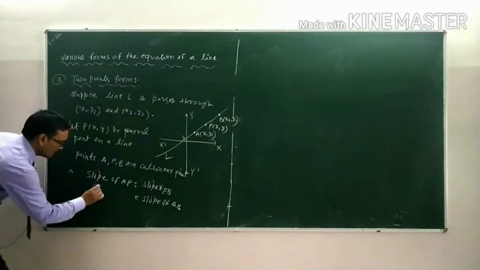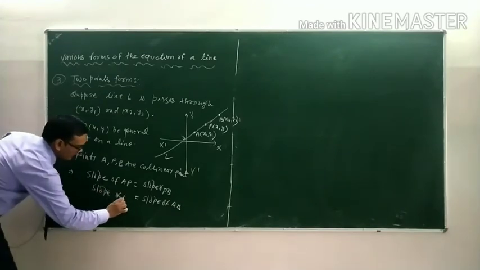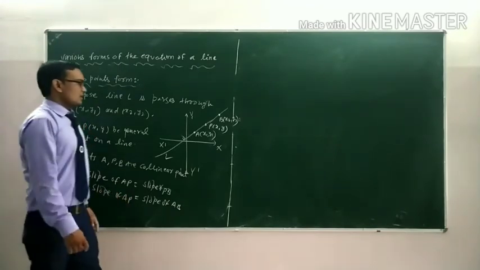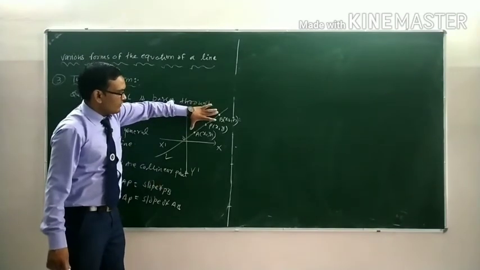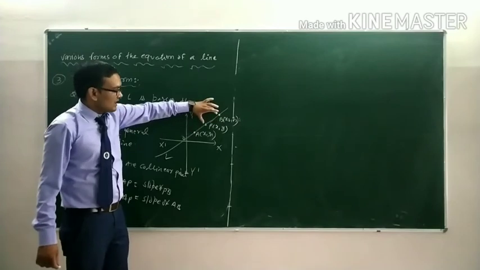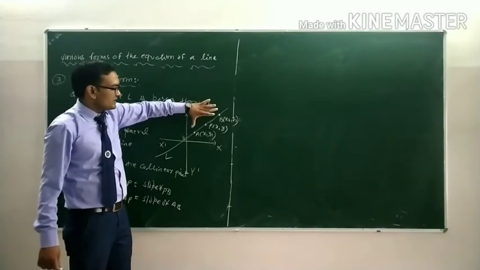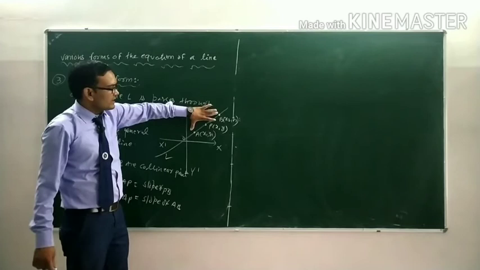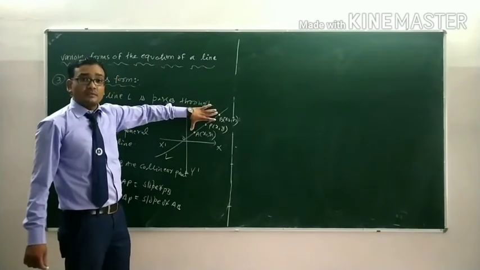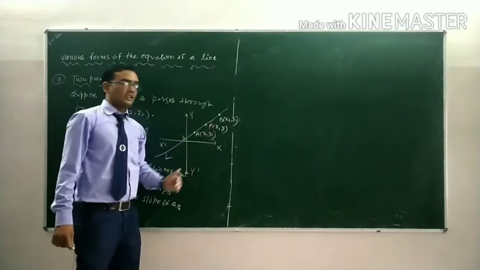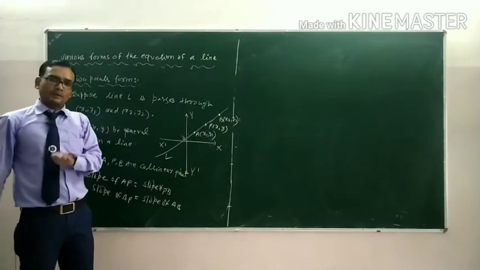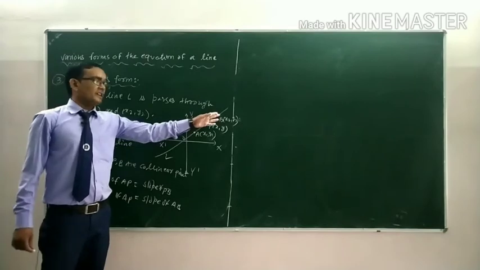Okay students, the slope of AP and the slope of PB are also the same as the slope of AB. That means the line segment PB is part of line segment AB, so the slope of AB is the same as the slope of PB. Then in place of the slope of PB we write the slope of AB.